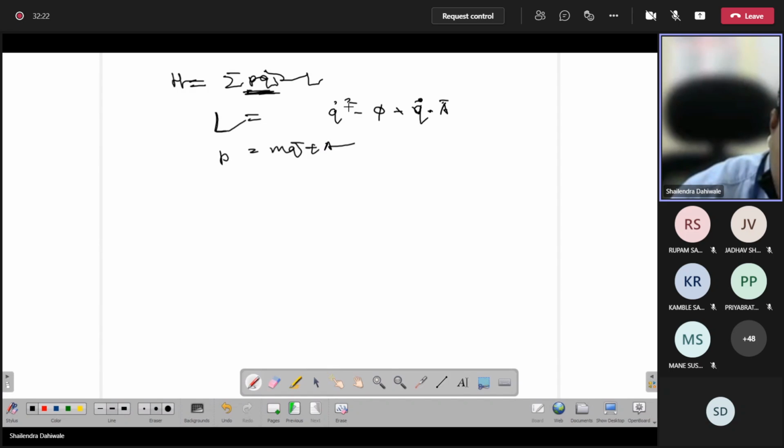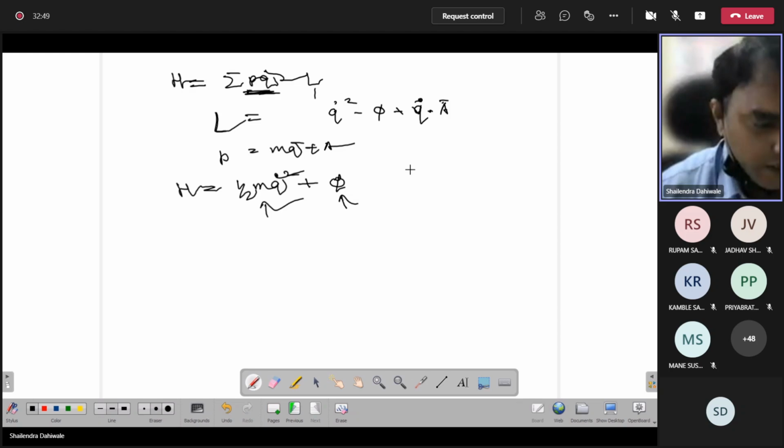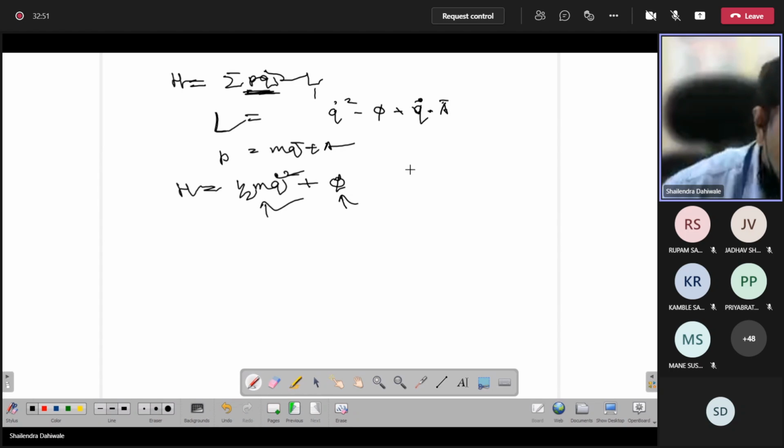If I substitute these quantities here for L and p, I get H as half mq dot square plus q phi. So this is your kinetic energy and this is your potential. So you have T plus V as your total energy in your system.